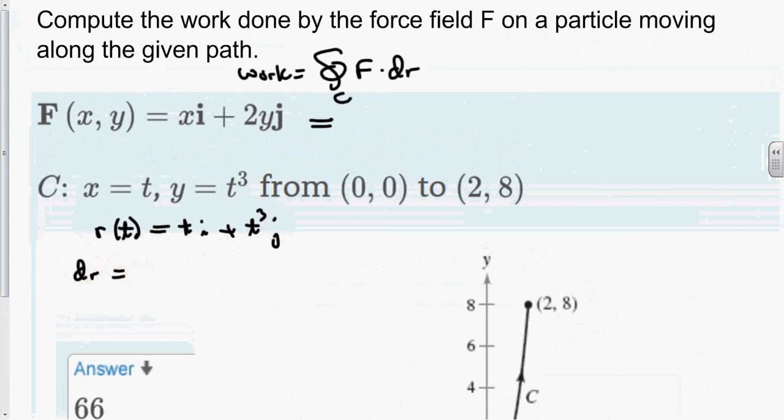So dr is i plus 3t squared j times dt. So capital F is equal to xi plus 2yj, but x is given to be t, so this is ti plus 2 times y, t to the third, j.